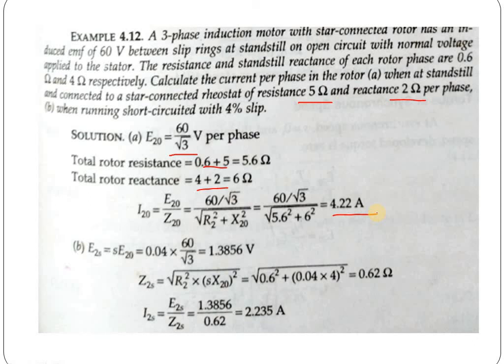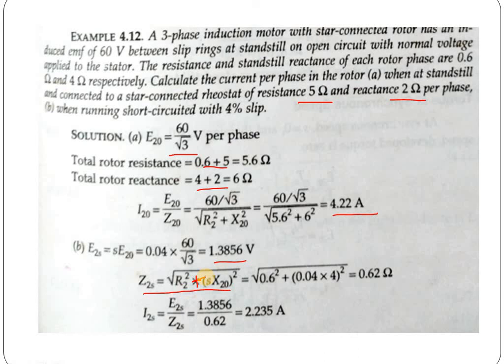And when it is in running condition, the thing we change is the EMF. It will be S into E20, so the value will be 0.04 into 60 by root 3, that is 1.3856 volts. And for Z2S, it will be the root of R2 square plus S X20 square, with a plus, not a multiply.